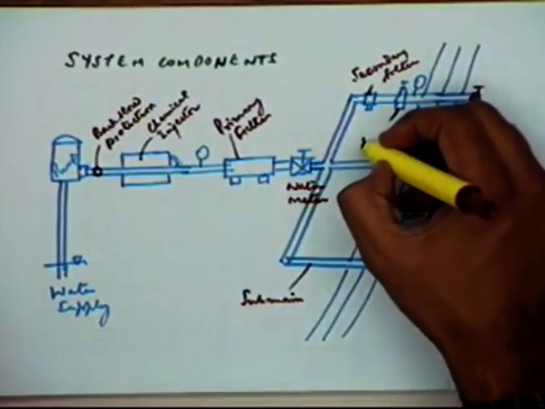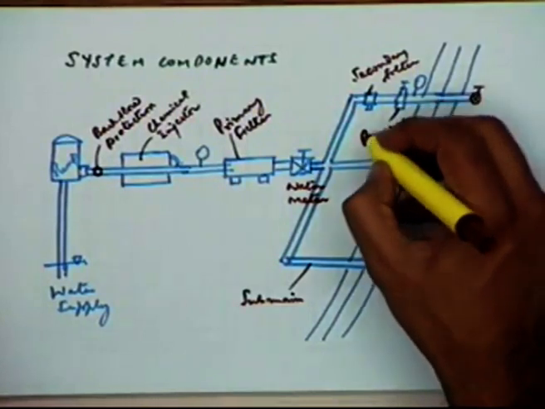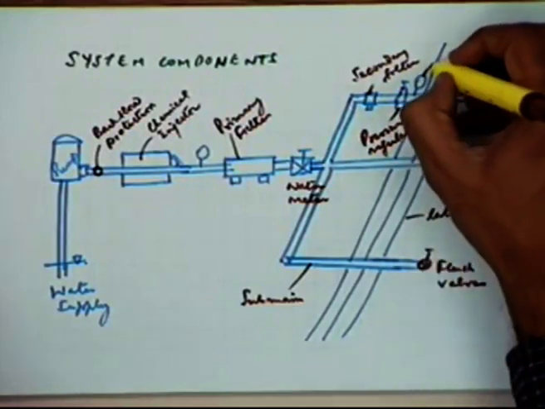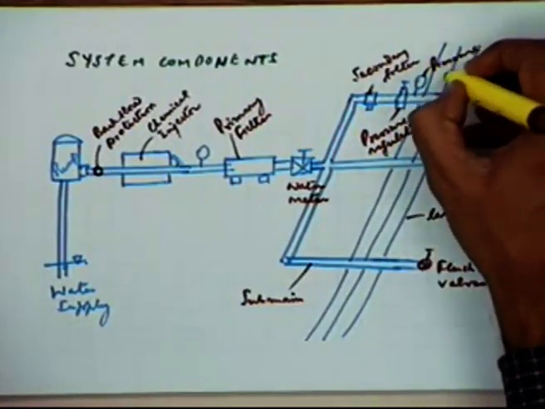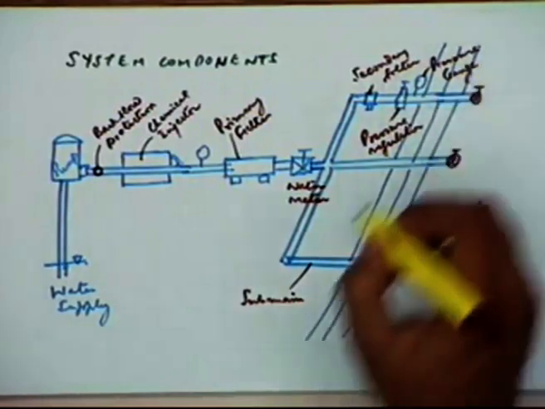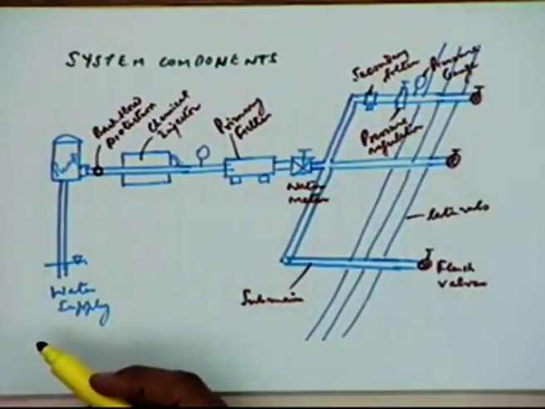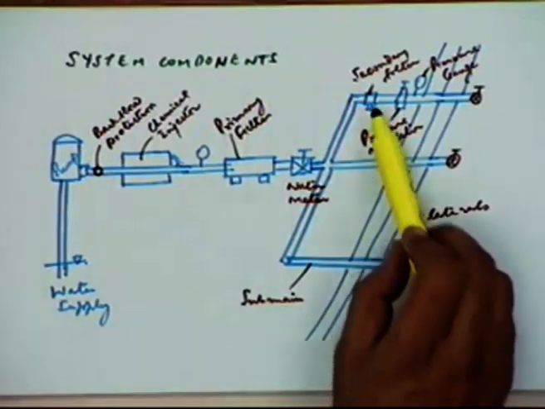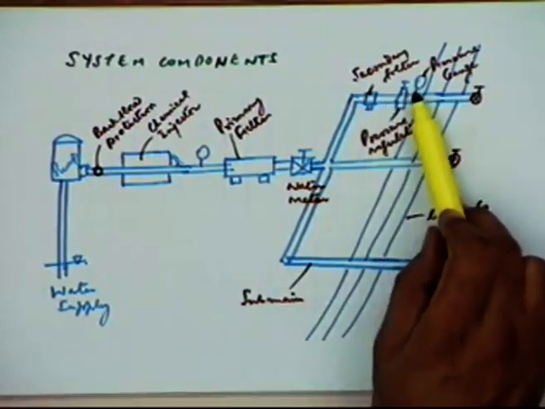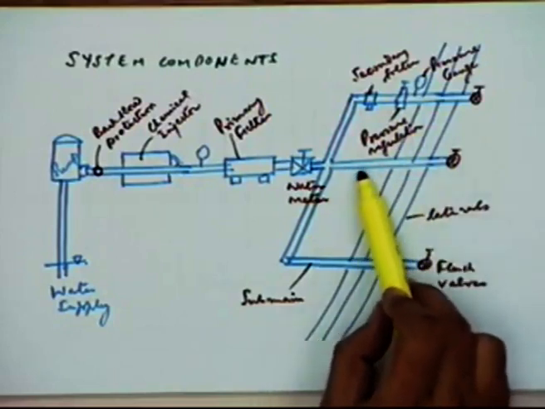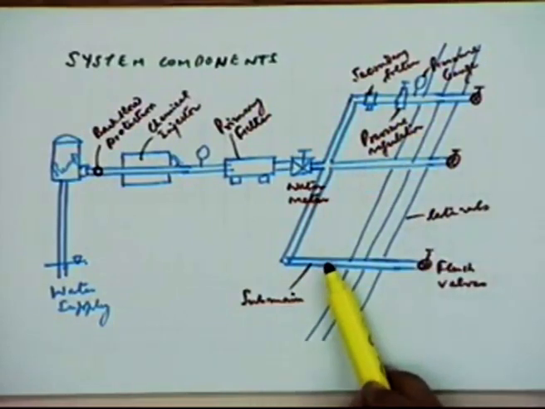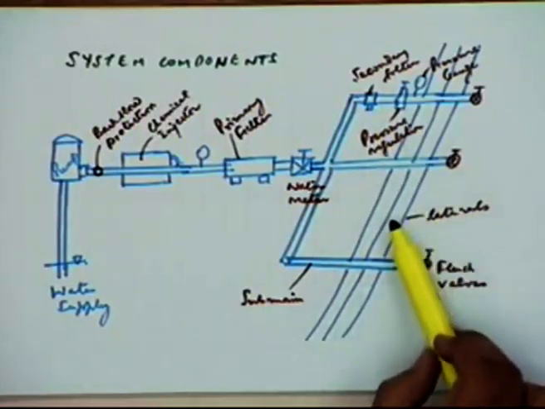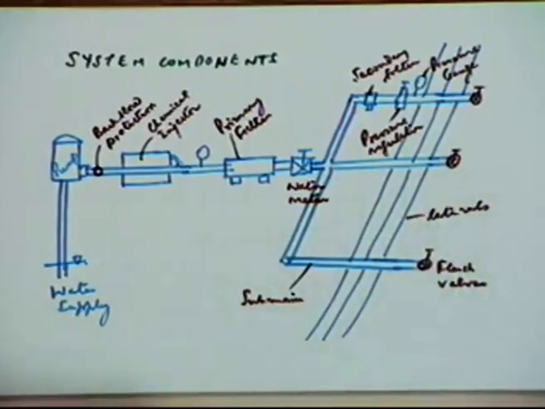So this is a pressure regulator, and a pressure gauge. These gadgets will also be available on all these submains before you are tapping the submains with the laterals.